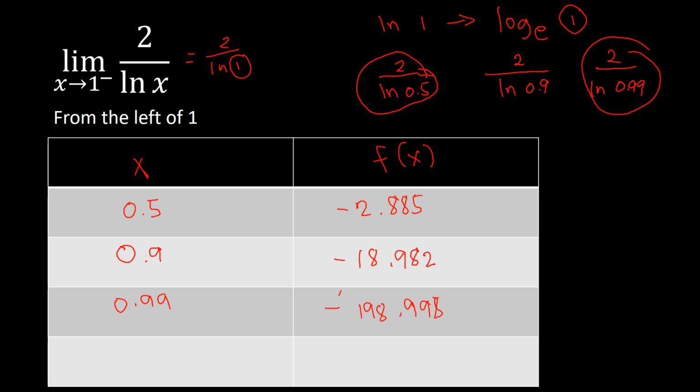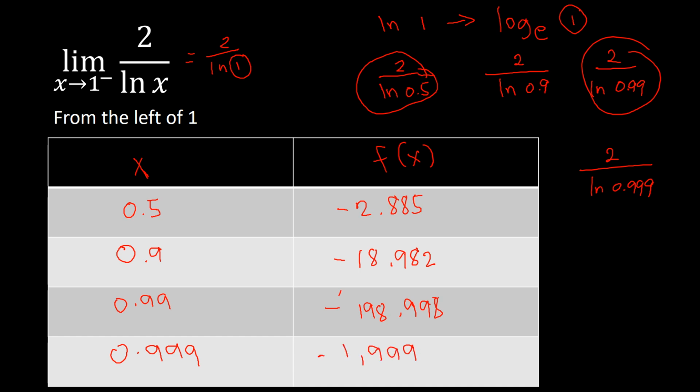Lastly, although you can have more on this, we can add more 9s to x so that we can really see the pattern. If the pattern in the values here is not enough for you, you can simply add more values of x. Upon inputting 2 over ln of 0.9999 on the calculator, that would lead to negative 1,999.